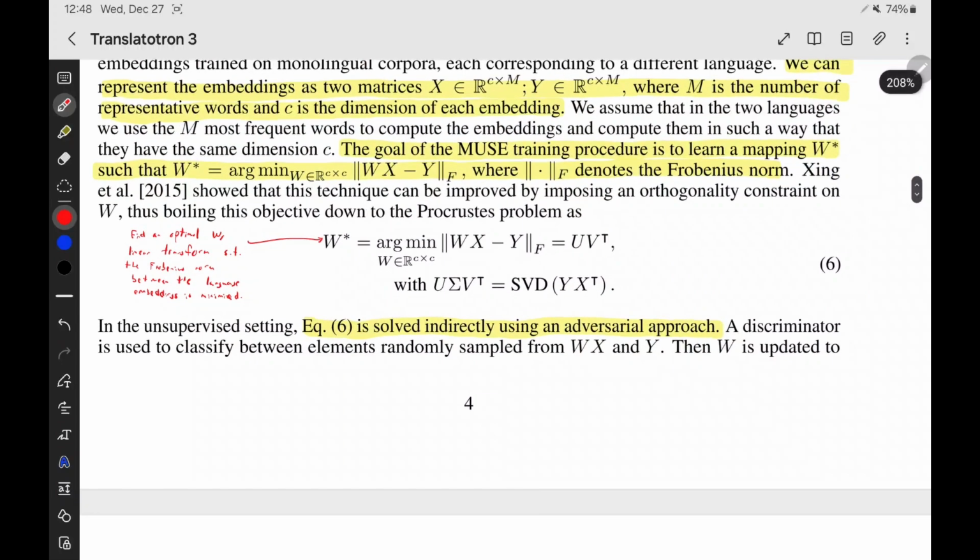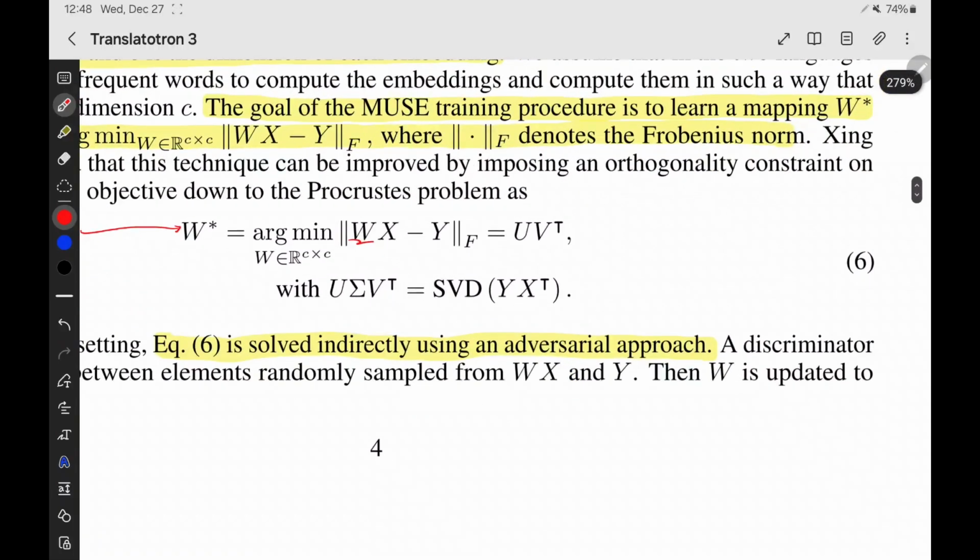So Muse is just a linear mapping, or I think they just call it a simple mapping. Here they show it's linear, but maybe it doesn't have to be linear. But basically you find a mapping W between your 2 languages.